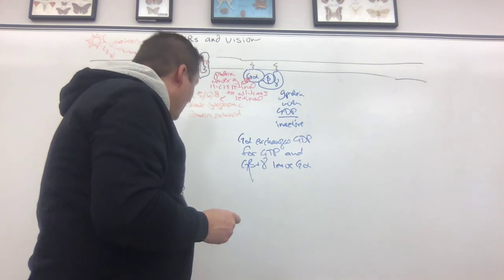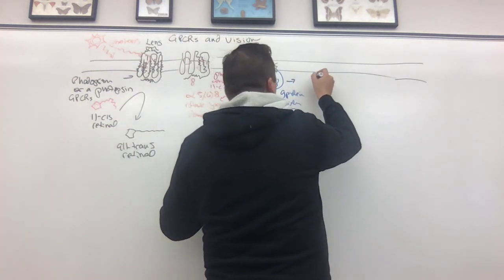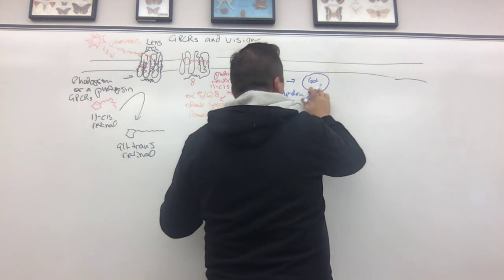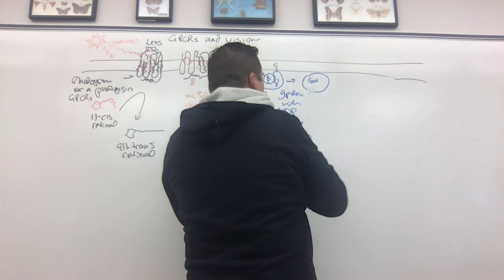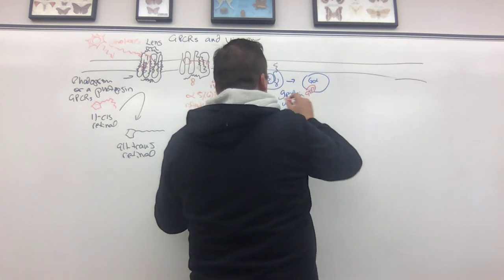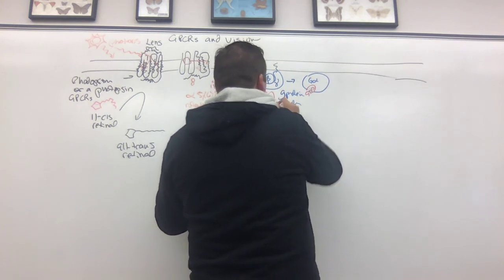So let's now draw what happens to this. So we'll move it over here, draw it, and so we've got our G alpha, and we'll make a nice little notch in there where we can put our GTP, because we've exchanged GDP out and GTP in.